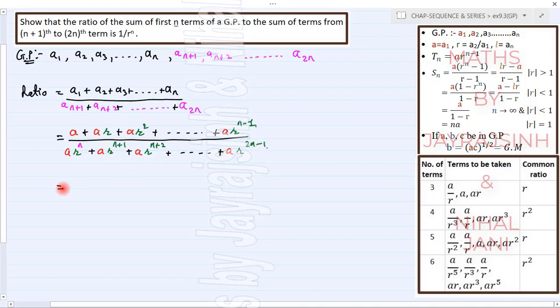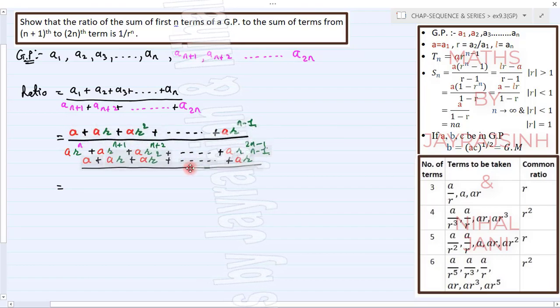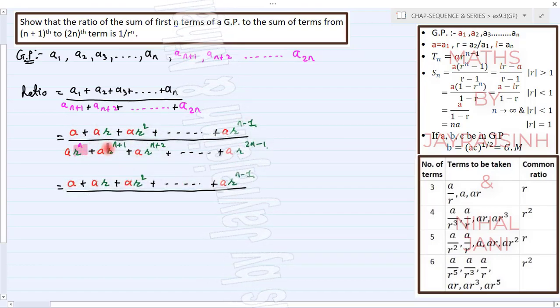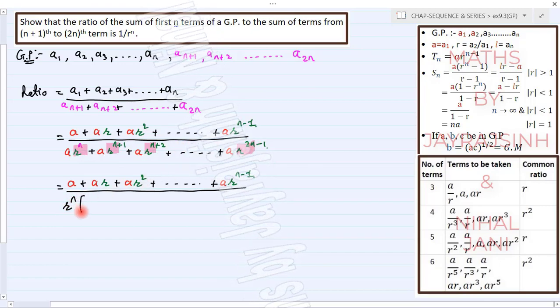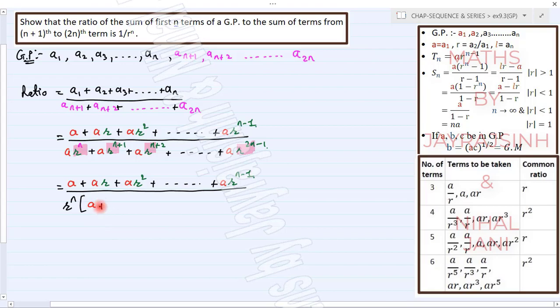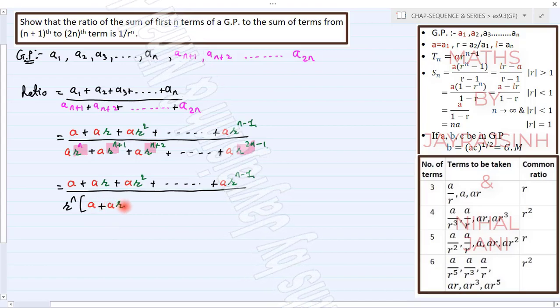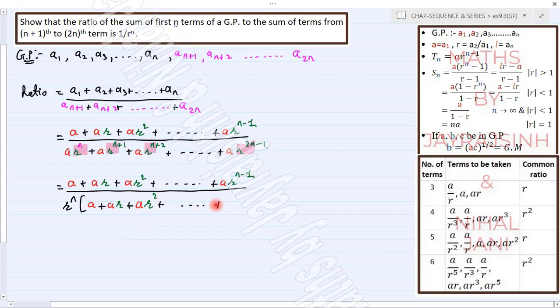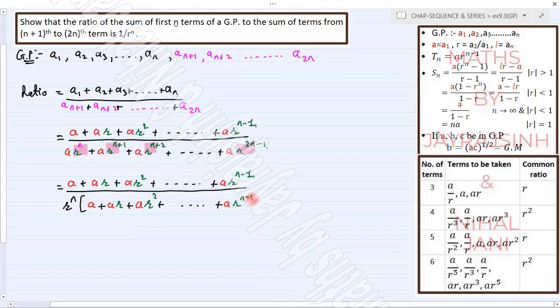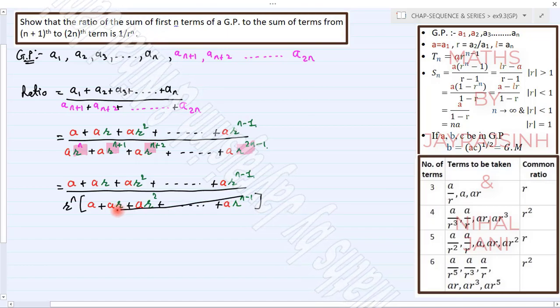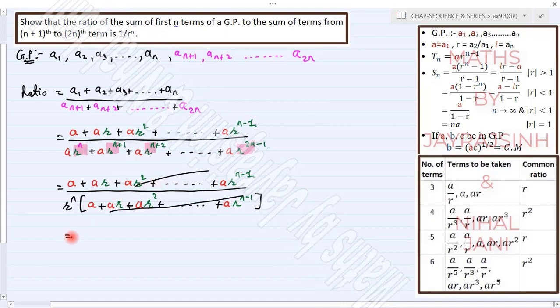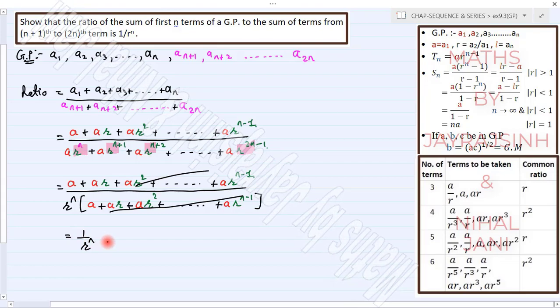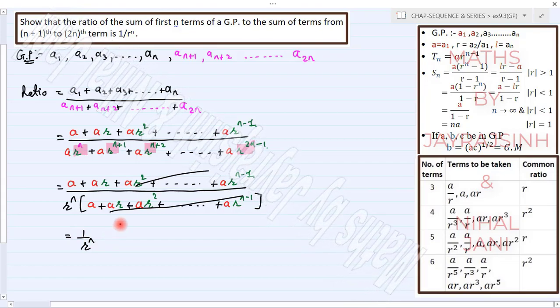Now in further simplification, the numerator will remain the same, and from the denominator we can take r raised to n common. So the remaining terms are a plus ar plus ar square up to ar raised to n minus 1. So these terms will be cancelled out and we will get 1 upon r raised to n, which is the required answer.